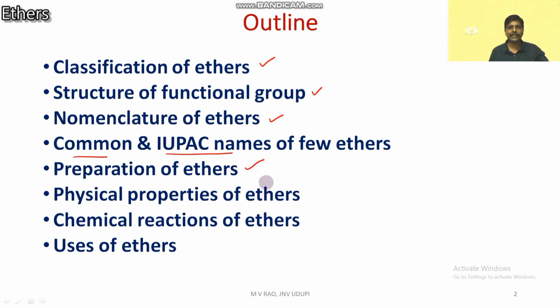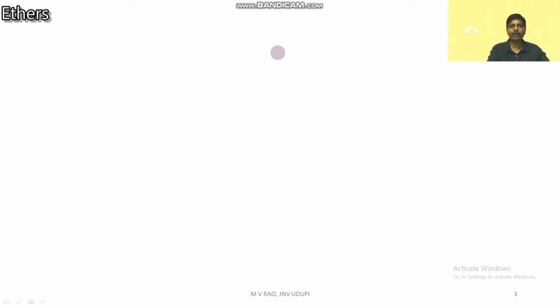Preparation of ethers, there are mainly two methods. Physical properties of ethers, chemical properties of ethers, and uses of ethers. So this total class we are going to learn about ethers.